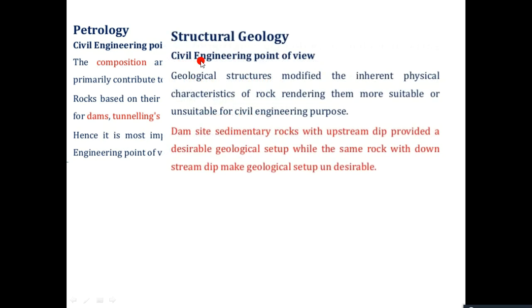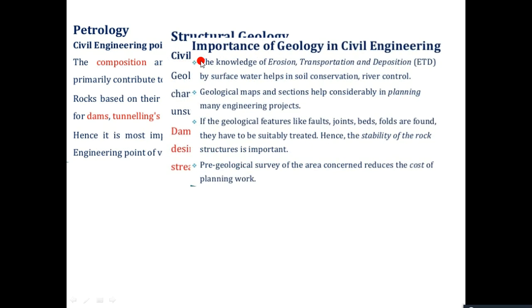And then what we can say is, geology is overall important in understanding the engineering characters of any area, the geological characters of any area, because they help us to understand the stability of the rock on which the engineering structure is being built.